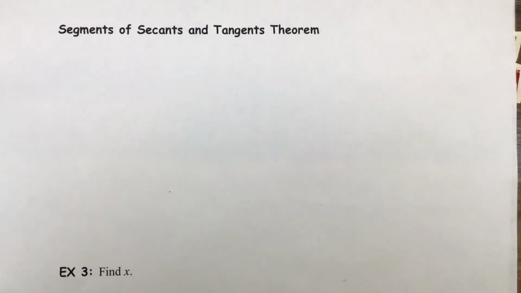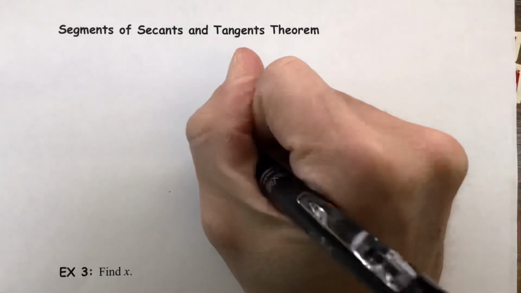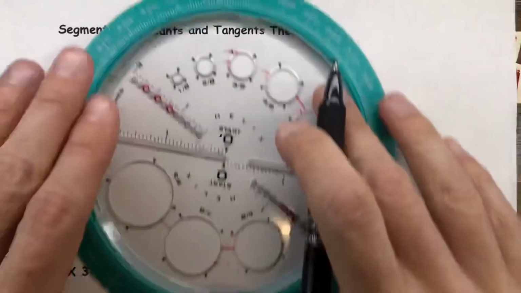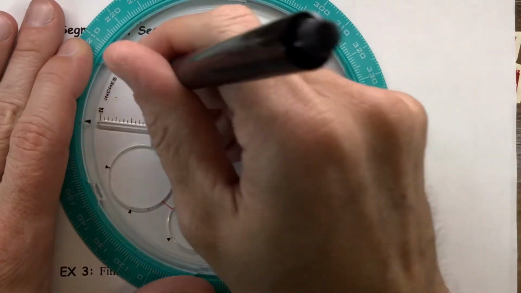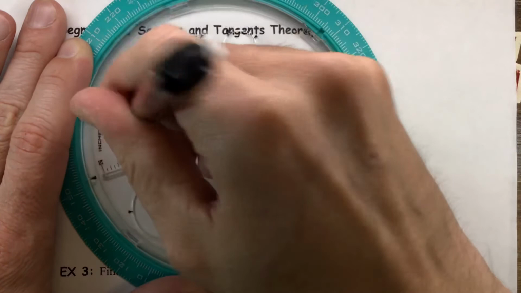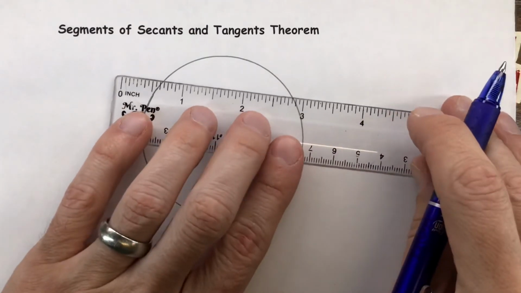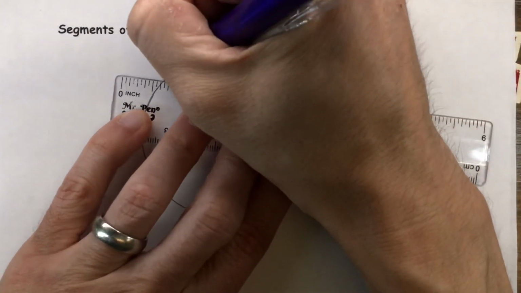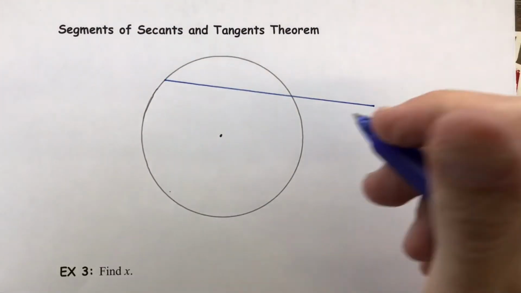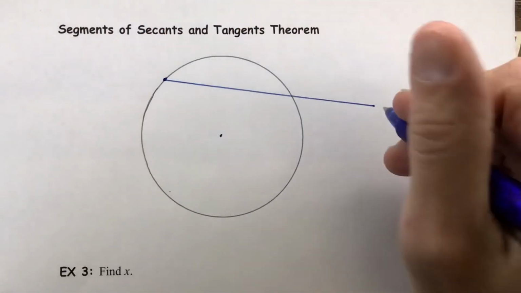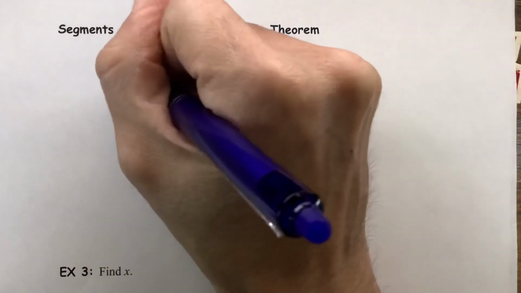For our third theorem, we're going to look at a combination of using a secant segment and a tangent segment. Okay, let's go ahead and start with a picture of a circle. All right, as shown before, a secant segment is just a secant that has endpoints with one on the edge of the circle, the other outside.